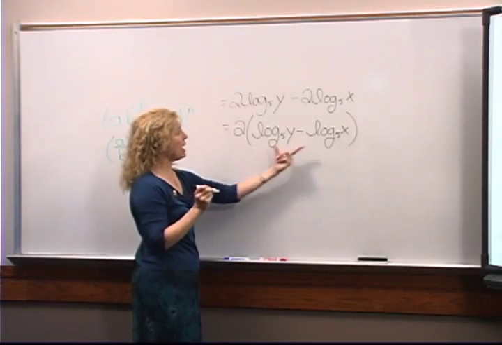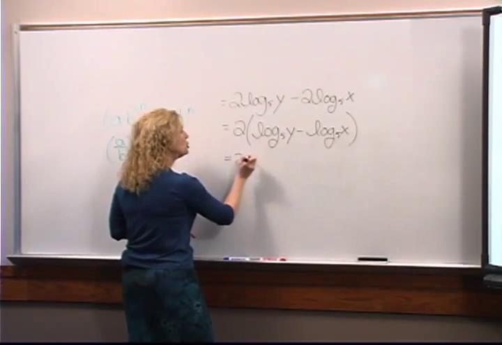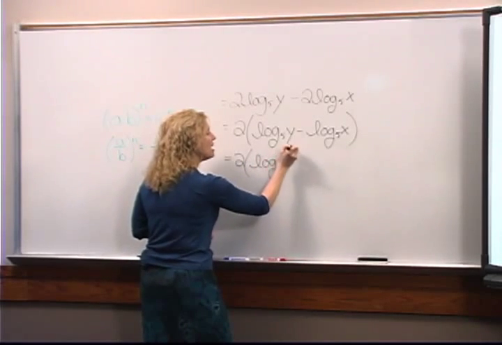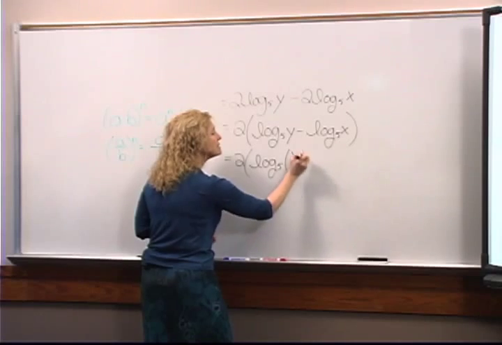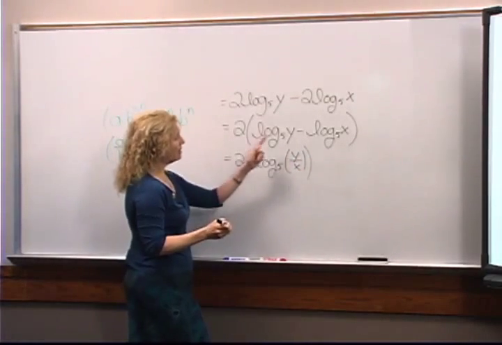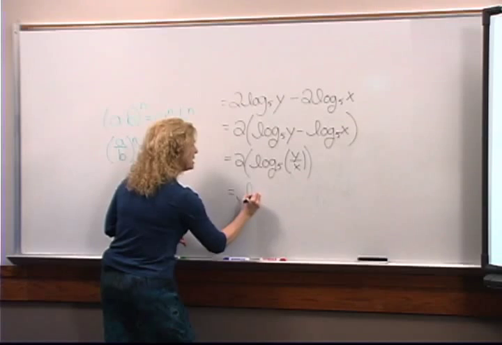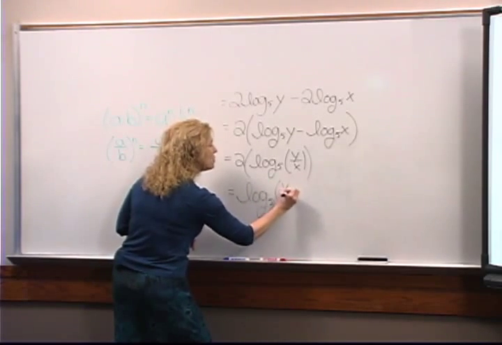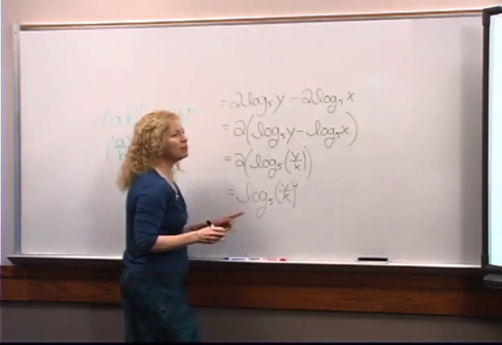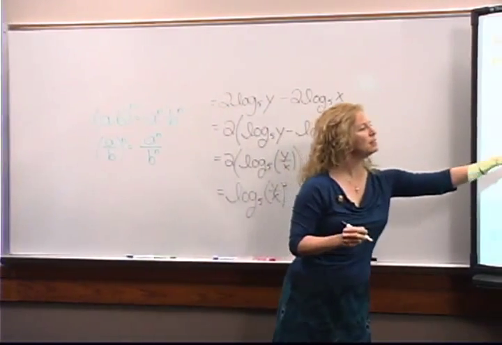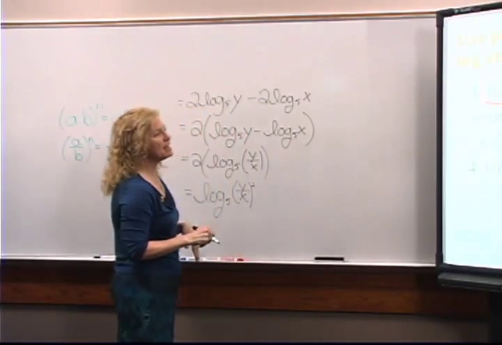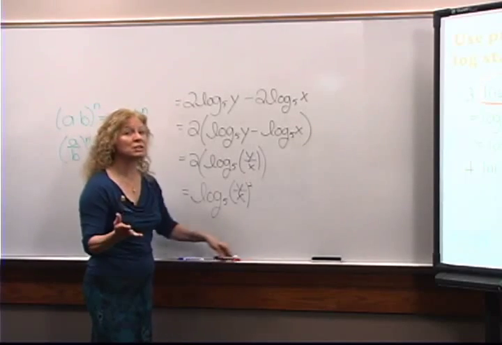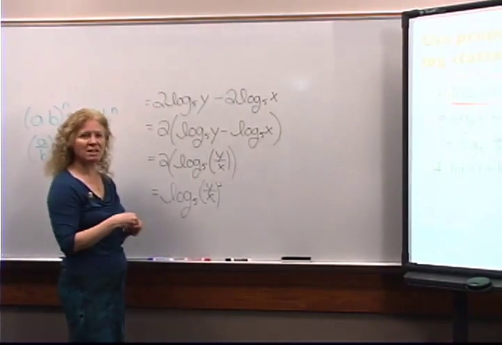Subtraction of exponents means you must have been dividing. So it's log base 5 of y over x, and then run the exponent up, and we get log base 5 of y over x quantity squared, which, written differently, is saying the very same thing as what I have in that other way. Two very good approaches, and there's even more, okay?